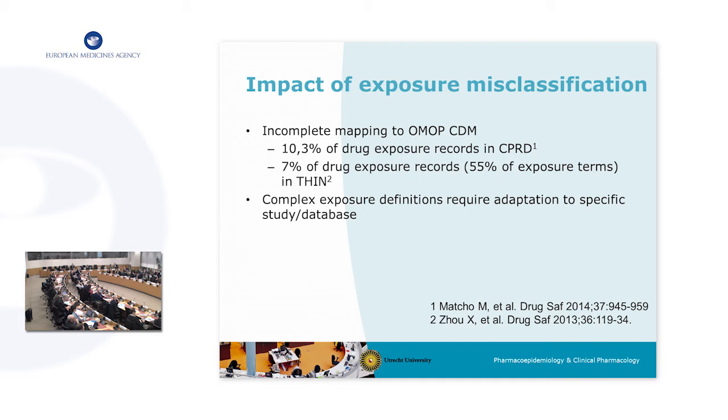The other parameter that we should be concerned about is, of course, the exposure. Some previous investigators have actually looked into this. So there has been some study on mapping to the OMOP Common Data Model from CPRD, for instance, or THIN. There are some drug exposure records that cannot be mapped or are incompletely mapped.